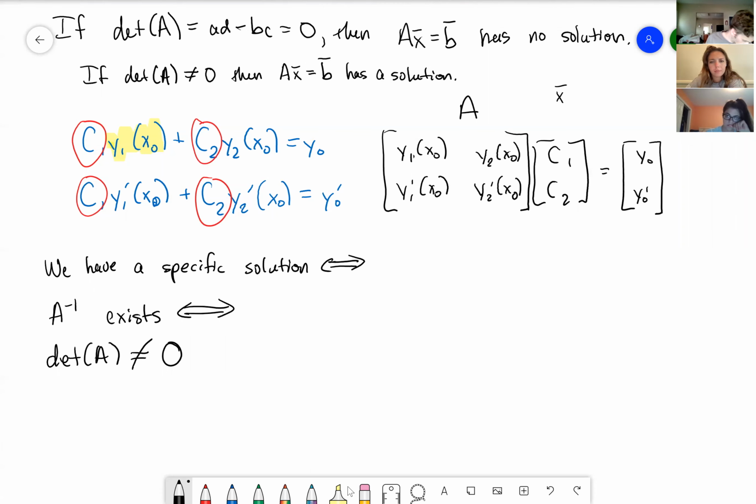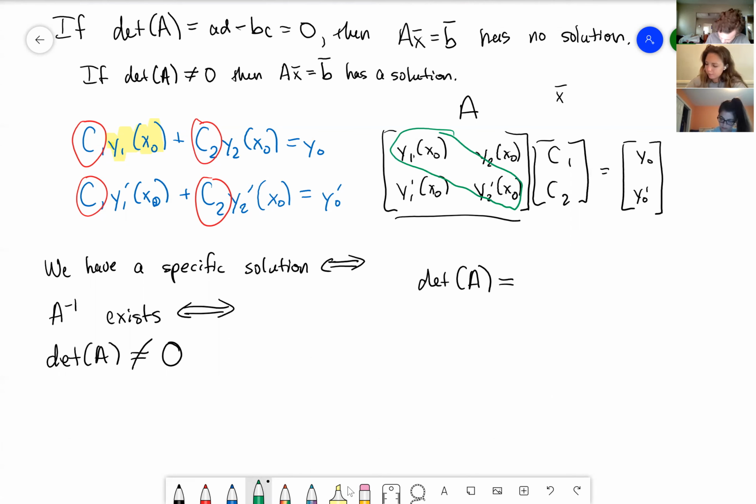And in this case, what we have is that the determinant of A is equal to the determinant of this thing, and now we know how to compute the determinant. It's the product of these two, so that is y1 of x0 times y2 prime of x0, minus the product of these two things.